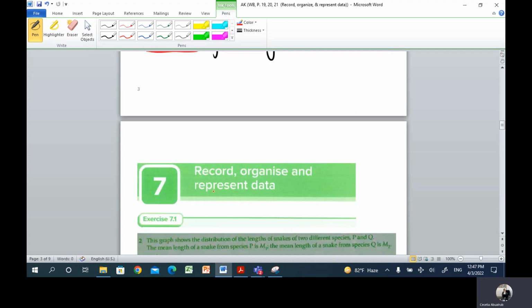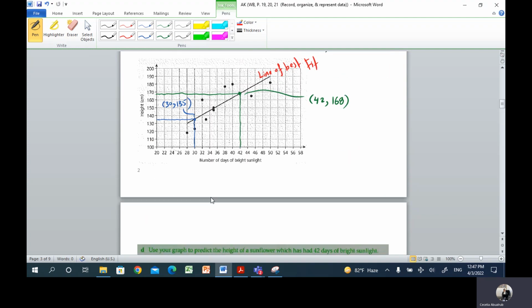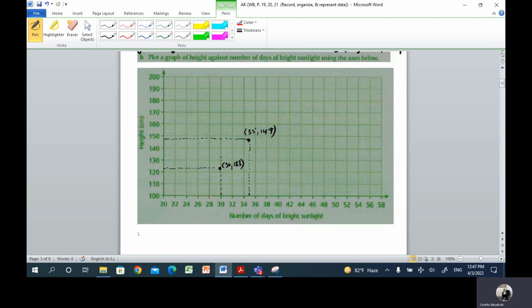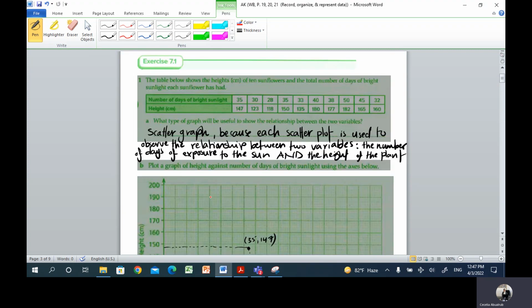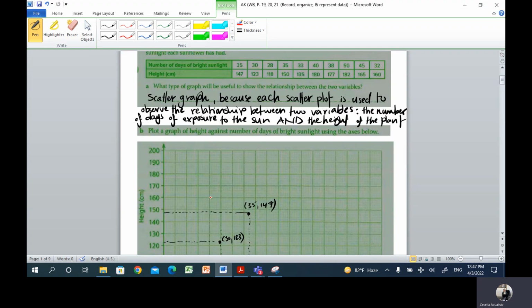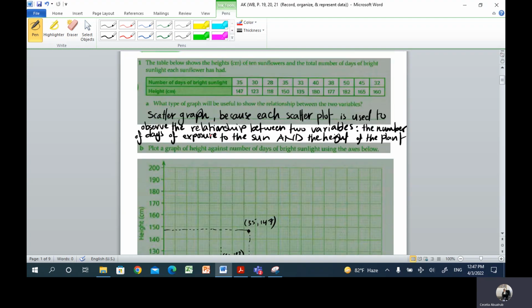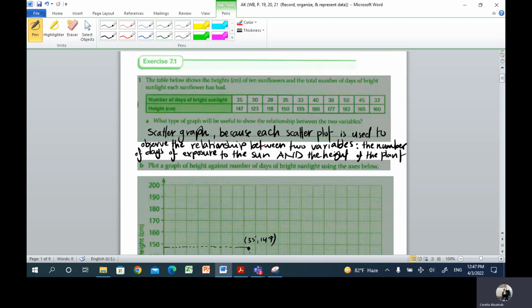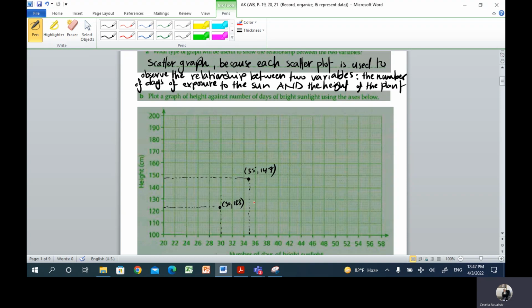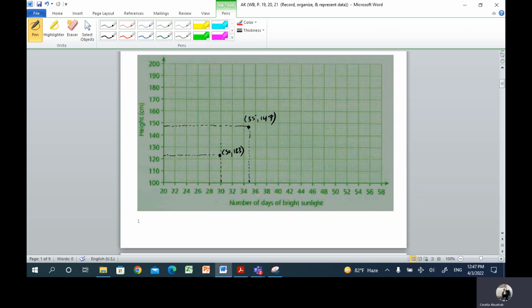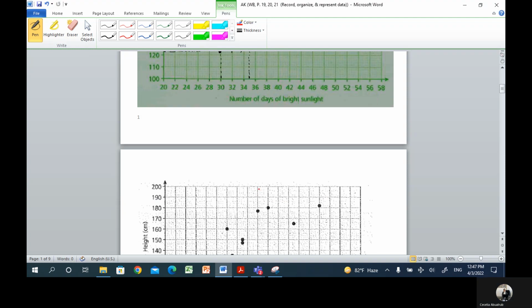Okay, so that's all about scatter graphs. All you need to know about scatter graphs is that data is given to you in terms of two variables, and one of the variables is represented on the x-axis, the other on the y-axis, and you display the data by plotting points, just as we used to do in drawing straight line graphs.